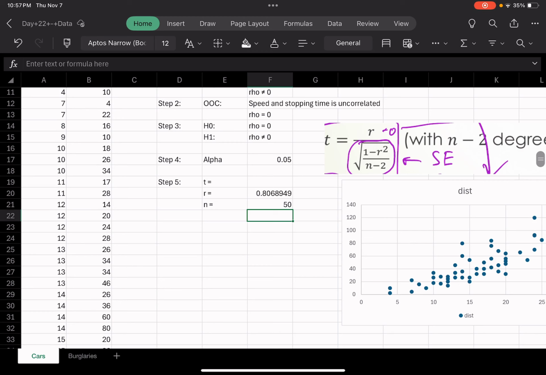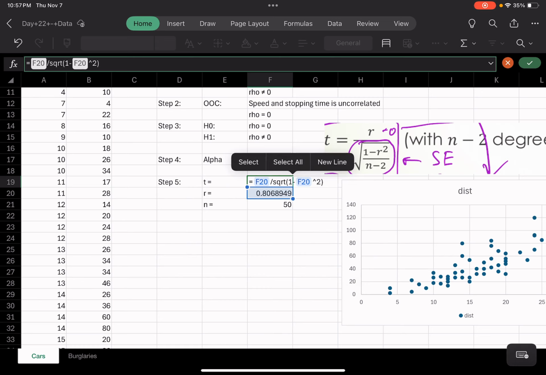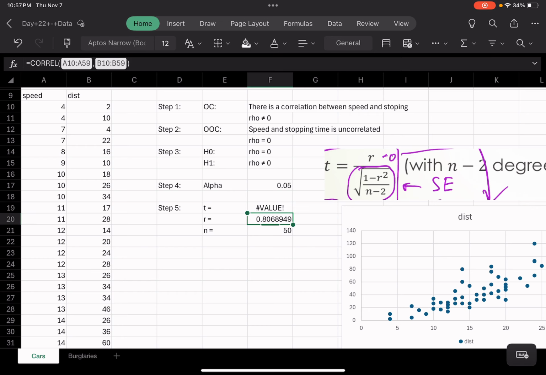Now I'm going to set up my t statistic: equals r divided by the square root of 1 minus r squared, all in the numerator with parentheses, divided by n minus 2. Close the square root, press enter.